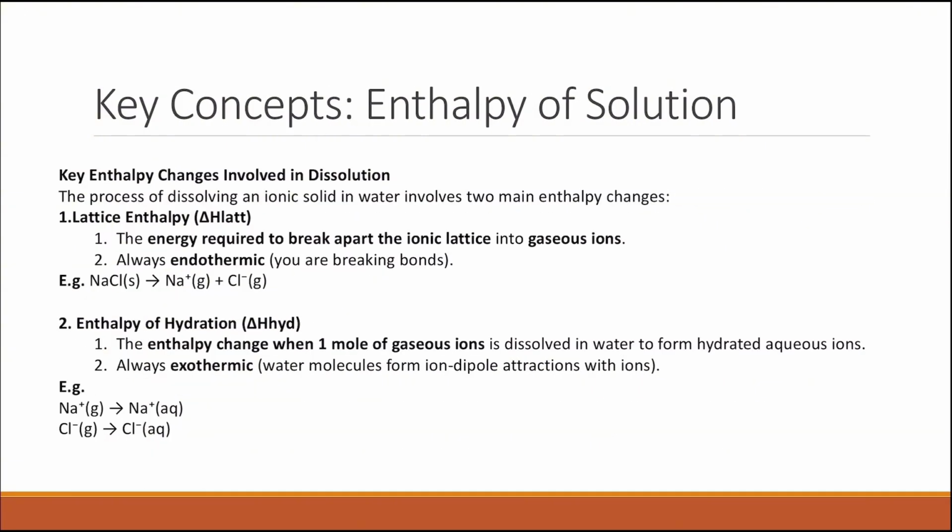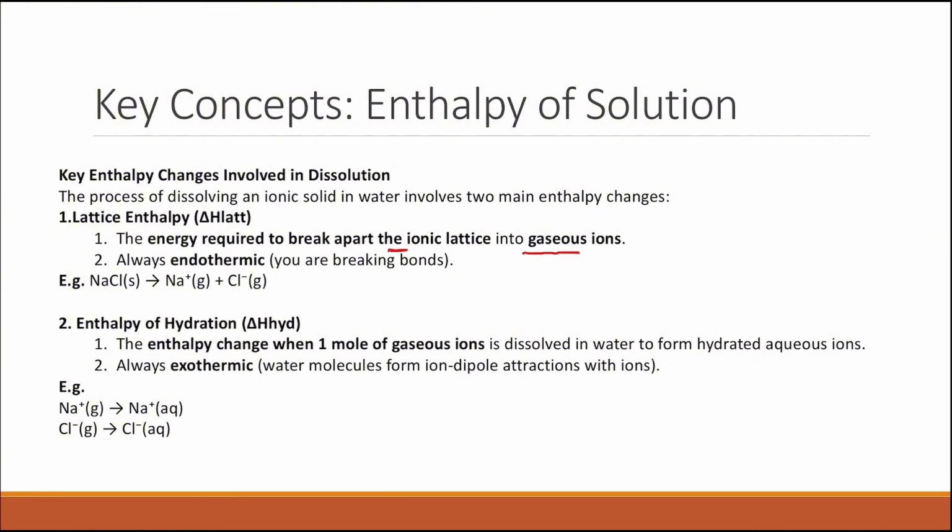So the key concepts for the enthalpy of solution: we have certain enthalpies that we need to use to construct the Hess cycle for the enthalpy of solution. These are the lattice enthalpy, which we talked about in the Born-Haber cycle. Here we are talking about not the lattice formation, but the lattice dissociation, so the energy required to break apart the ionic lattice into gaseous ions.